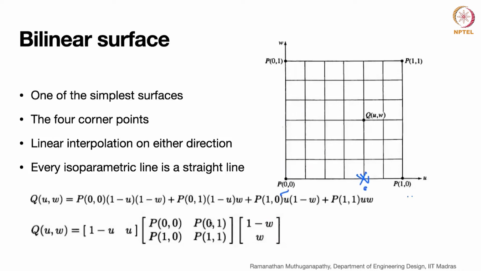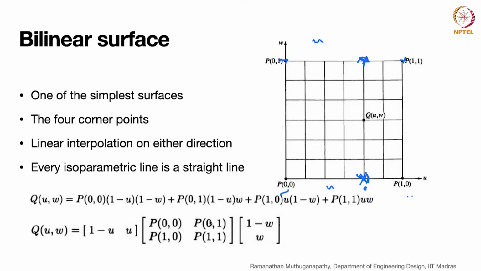In a similar way, use the same parameter, let's say U, at the top, use these 2 points, and again go to this point. Now you have, in the U direction, those top points and bottom points, and you have these 2 points. Then you go in the W direction and do another linear interpolation between these 2 points.